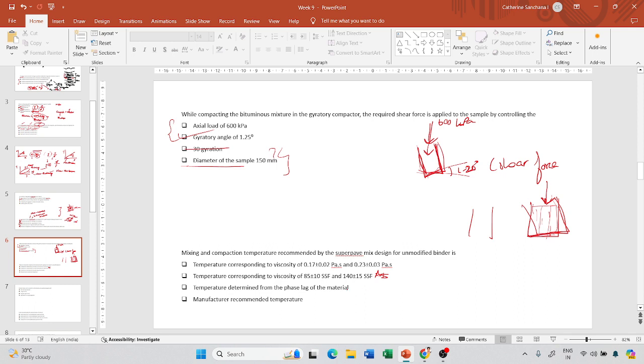So make a plot of temperature versus viscosity graph, and you find out the temperature corresponding to a particular viscosity. So here you find out the temperatures corresponding to viscosities of 85 and 140 as the mixing and compaction temperature, right?